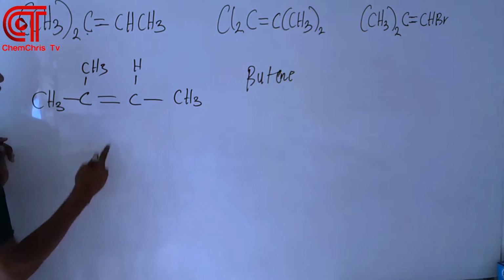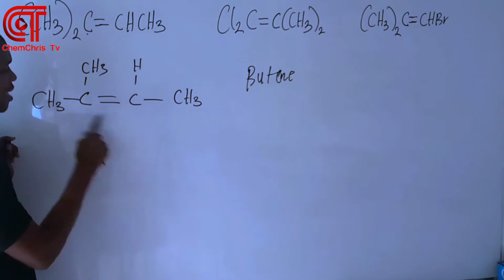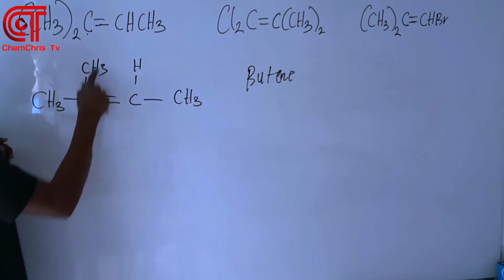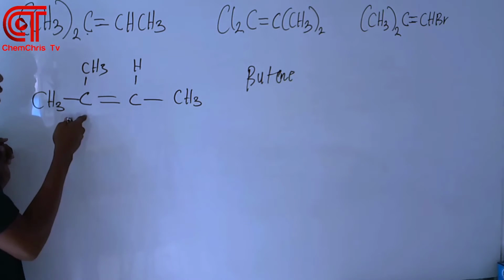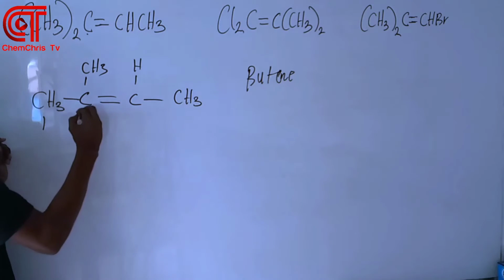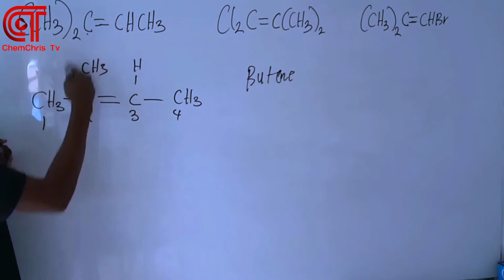You get. However, this carbon atom is carrying hydrogen. Hydrogen is not a substituent, but this carbon atom is carrying a methyl group, which is a substituent. Because this carbon atom is carrying a substituent here, it's not going to be my priority. So instead of starting from here, I'm going to start from here. So I'm going to have 1, 2, 3 and 4. So carbon number 2 is what is carrying the double bond.